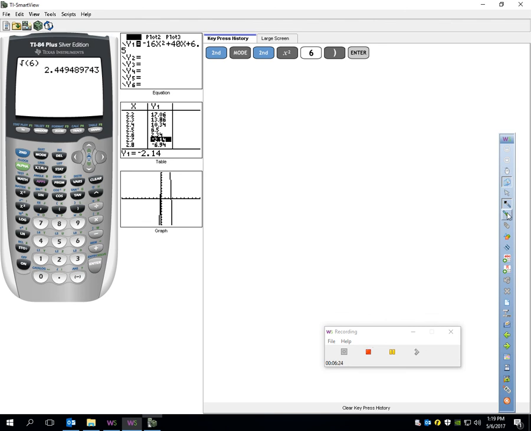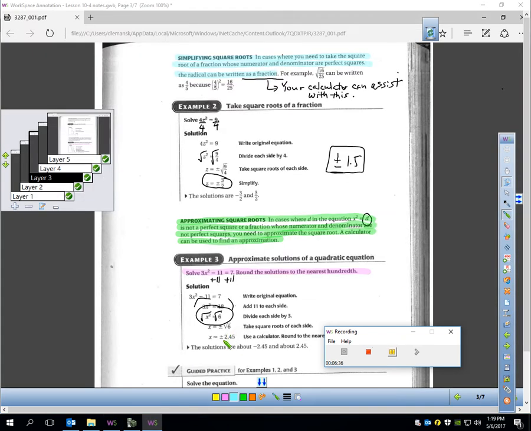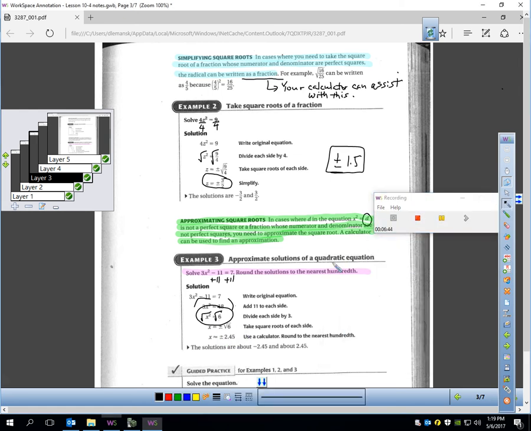If I want to round this to the hundredth, it would be up to here. The 9 is telling me to round this 4 up, so I would get 2.45, which is why the book is putting plus or minus 2.45 as the answer. They wanted me to round this to the hundredth.